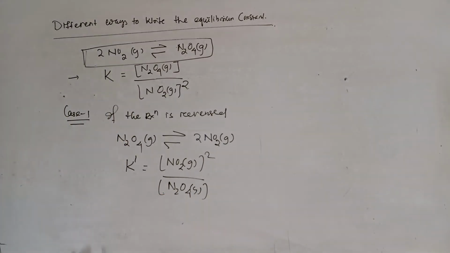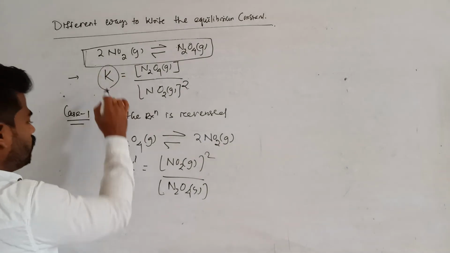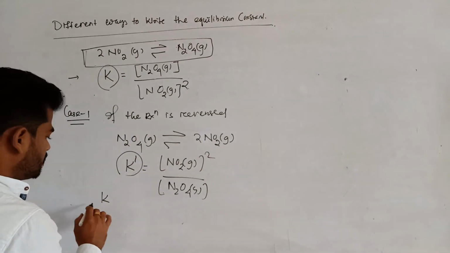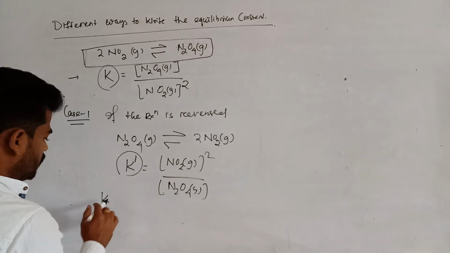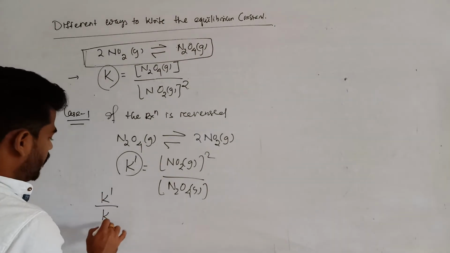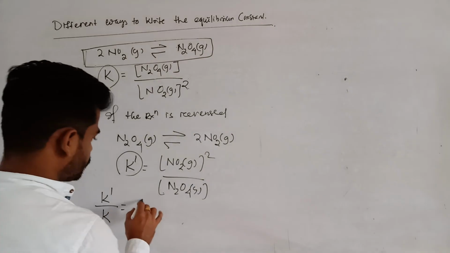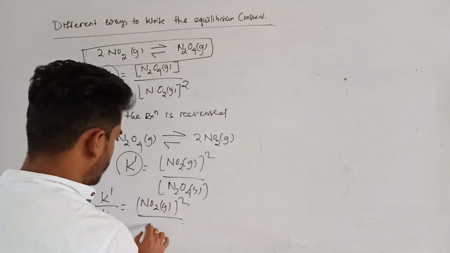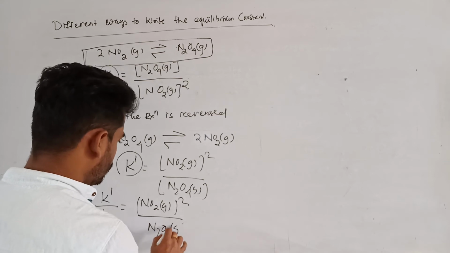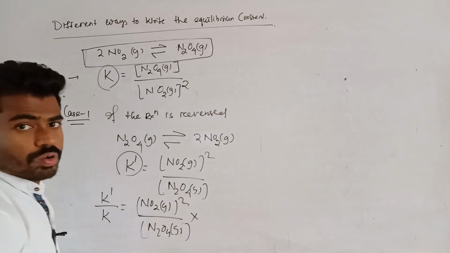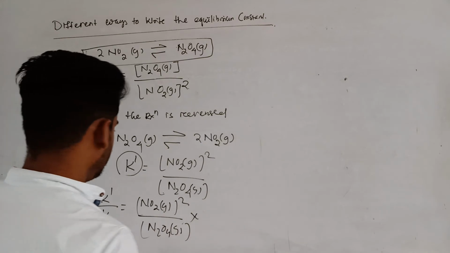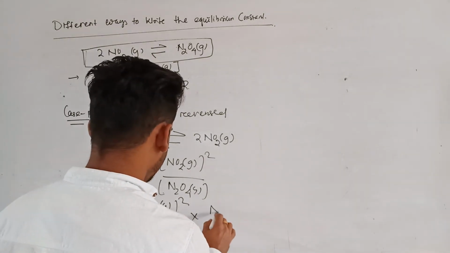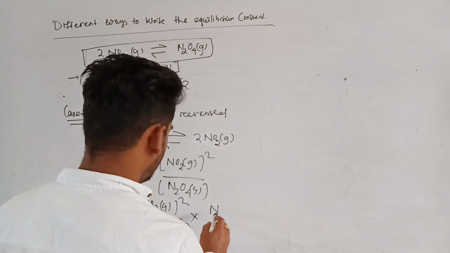Clear? Now just find out the relationship between this original equilibrium constant and this new equilibrium constant. So I can consider their ratio. K dash divided by K will be equal to NO2 gas whole square upon N2O4 gas, multiplied by N2O4 upon NO2 square.